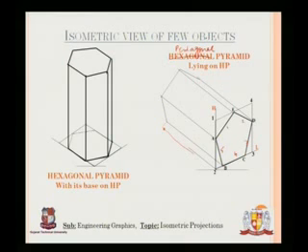A, B, C, D and E is a pentagon, and this is the pyramid that we have. The top view would be from here, the front view from here, and the side view from here. So all three dimensions are visible, so it is an isometric view.